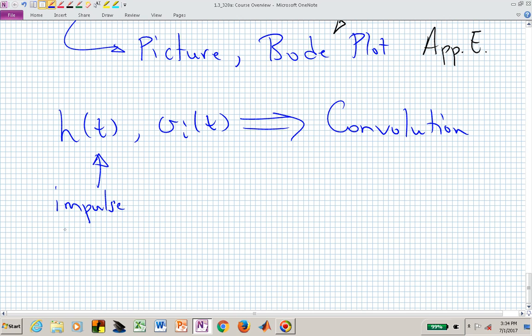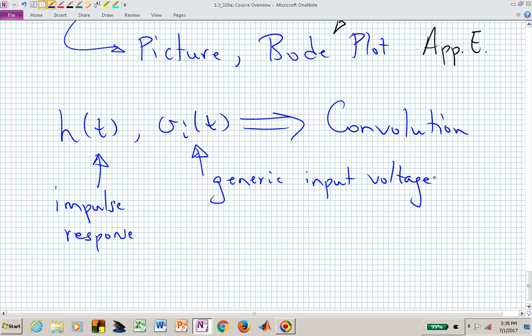we'll be able to take this description of our system, which is how the system responds to an impulse. That's the impulse response. We're not going to hit it with just an impulse, but in fact we may apply a generic input waveform. Let's say it's an input voltage.